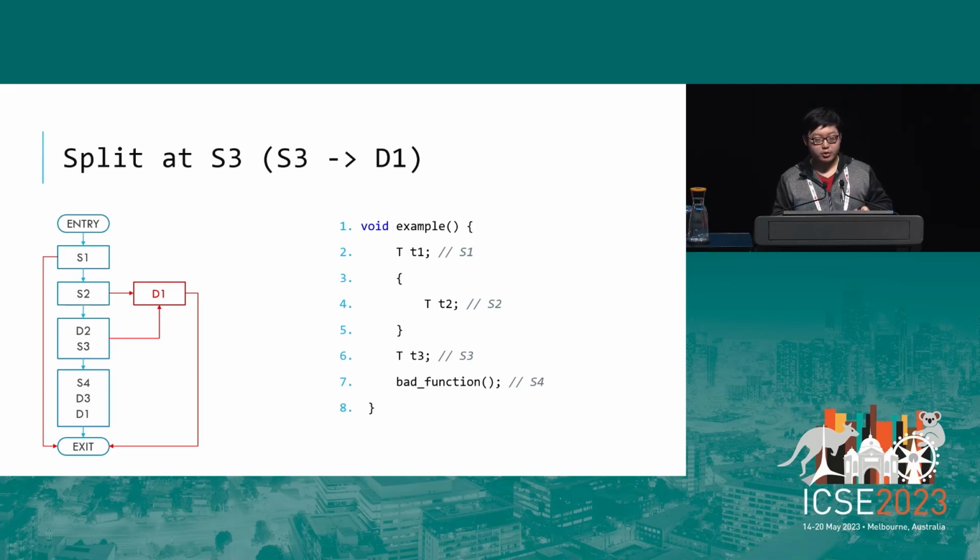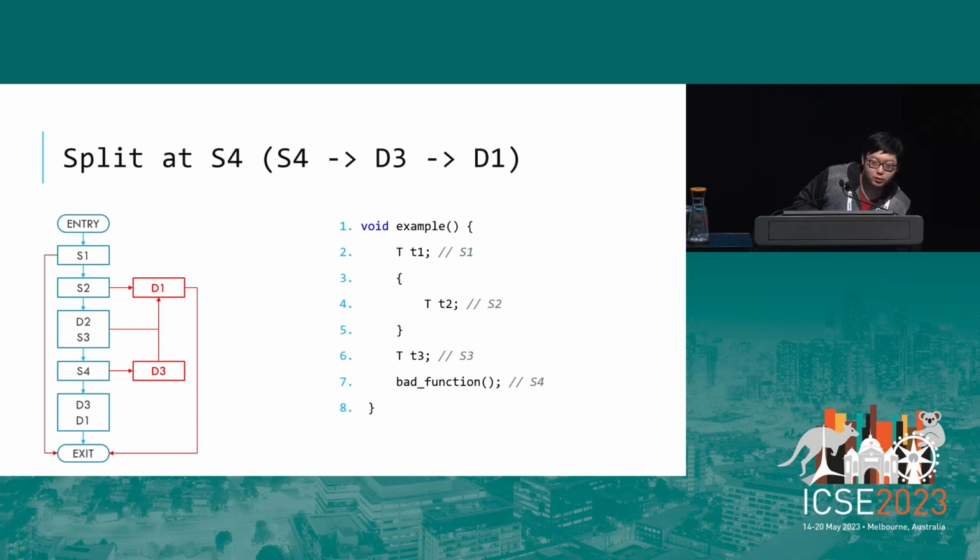Note that the control flow from D1 to exit already exists, so we stop here. Finally, we split at S4 and build the exception control flows, from S4 to D3 and from D3 to D1.